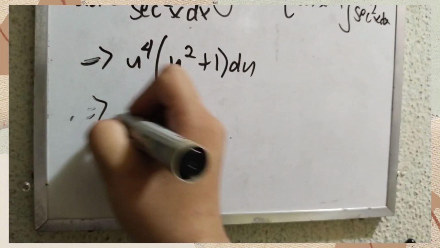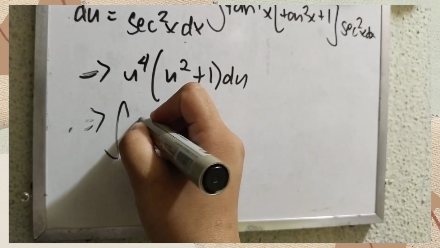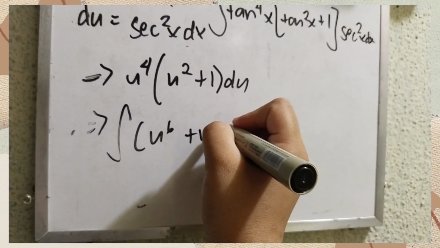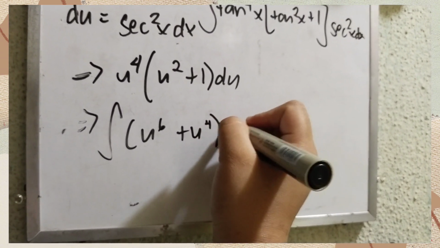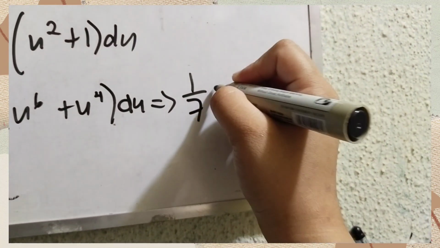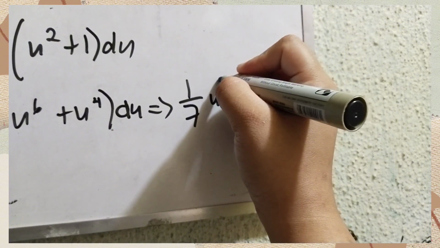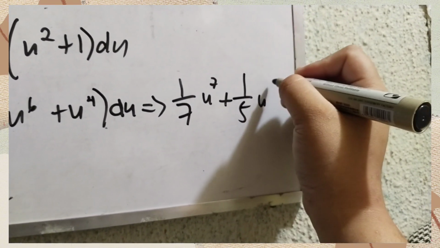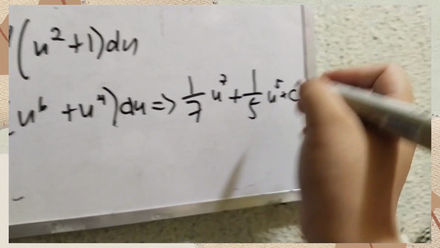We will get u to the 6th plus u to the 4th du, and the antiderivative will be 1 over 7 u to the 7th plus 1 over 5 u to the 5th plus c.